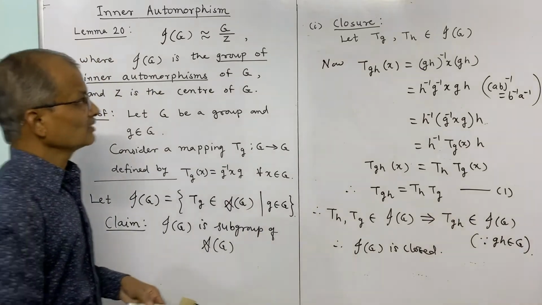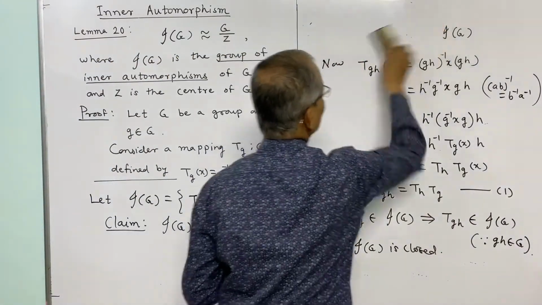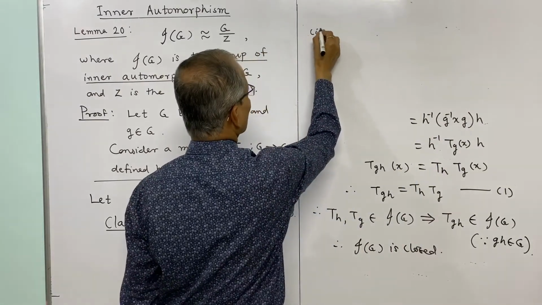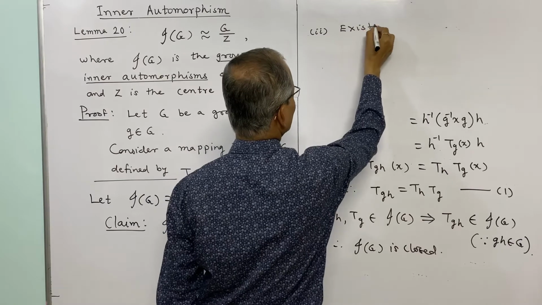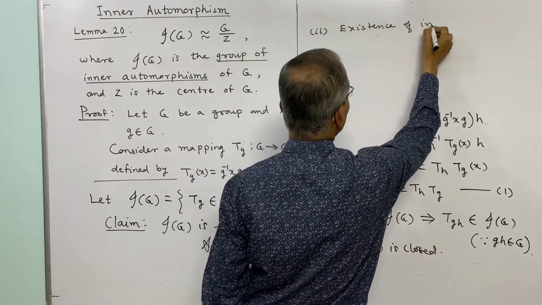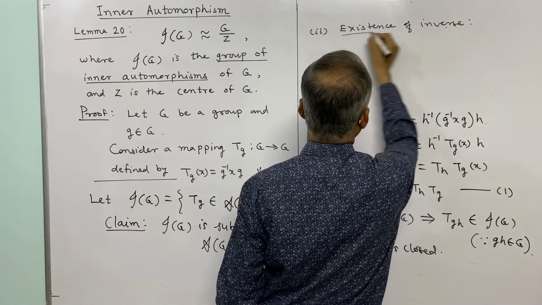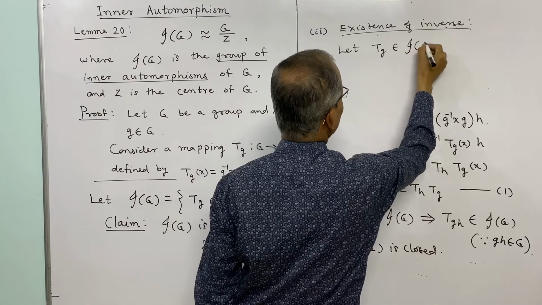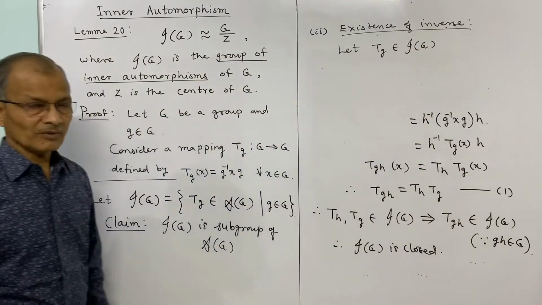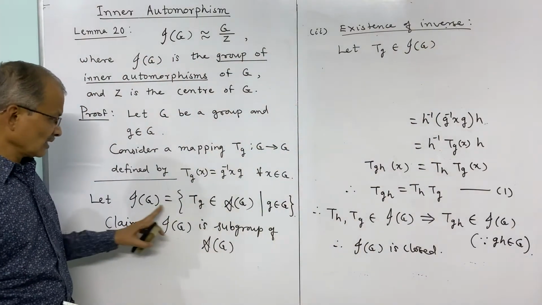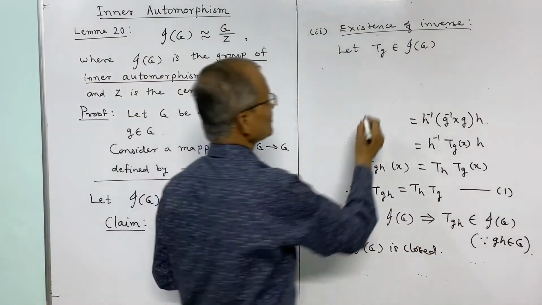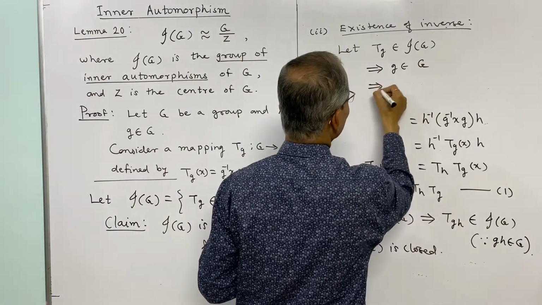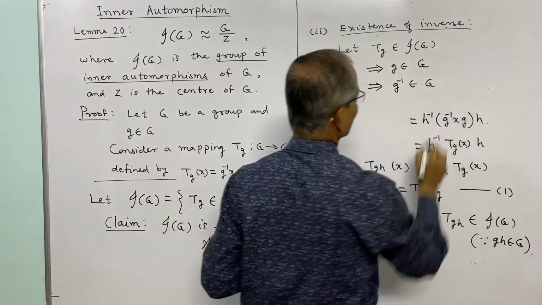Now we shall consider existence of inverse. Second thing, let Tg belong to Ig. By definition, Tg in Ig means G is in G. So this implies G belongs to G, and if G belongs to G, that will imply its inverse is also in G, since G is a group.